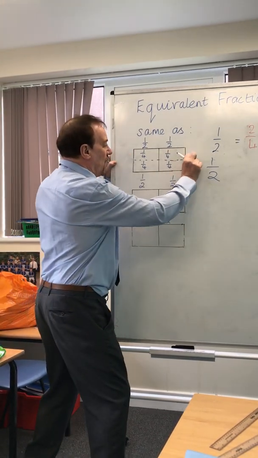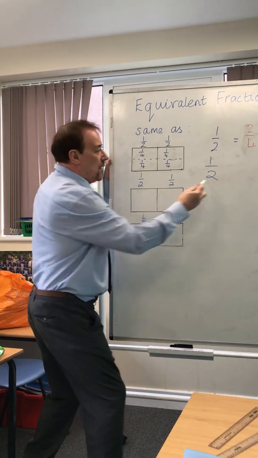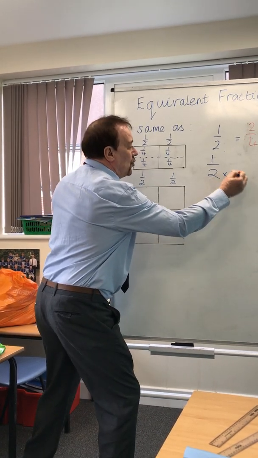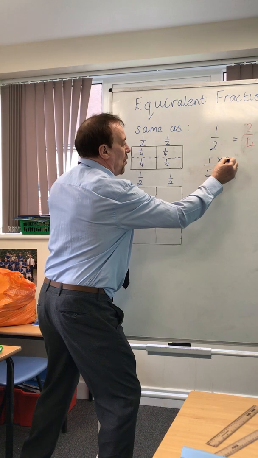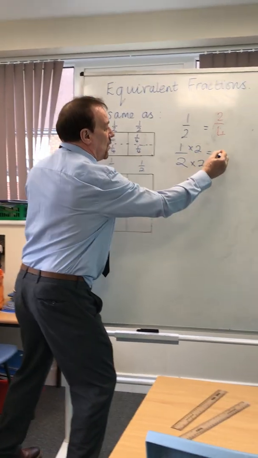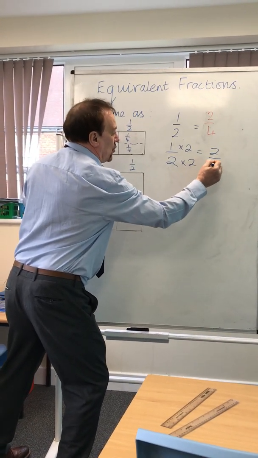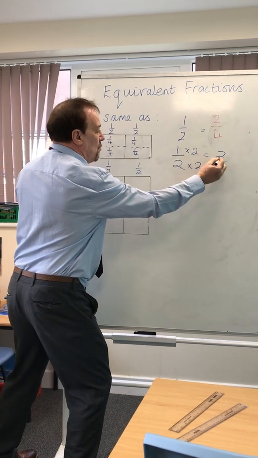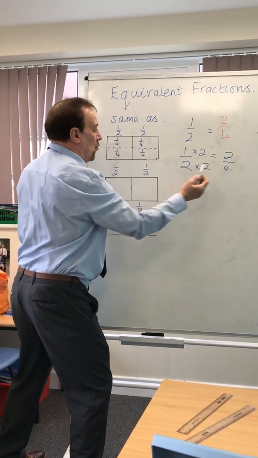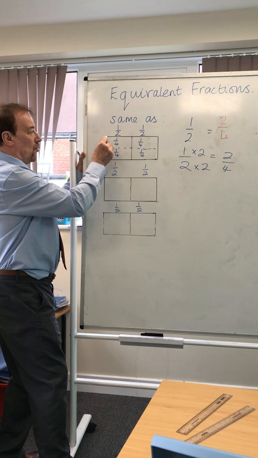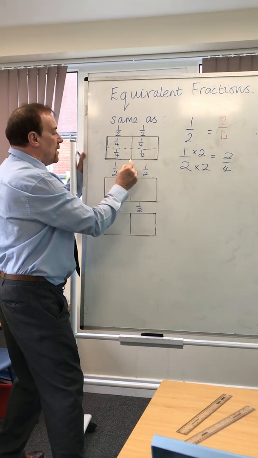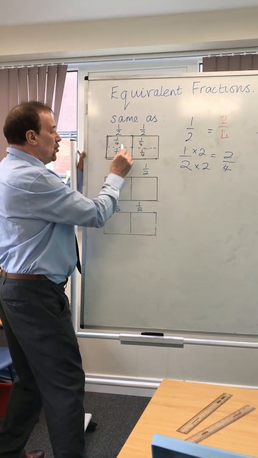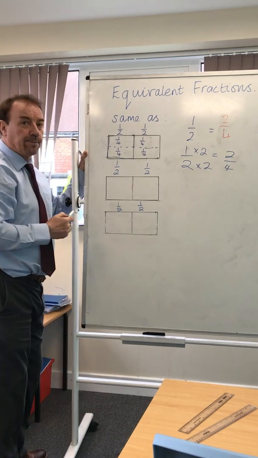I've cut it along there, I've cut it in 2. So I multiply it by 2. And I multiply the top one, the numerator, by 2. And I'm left with 2 times 1 is 2. 2 times 2 is 4. And I found out that 1/2, which is here, is the same as 2/4.